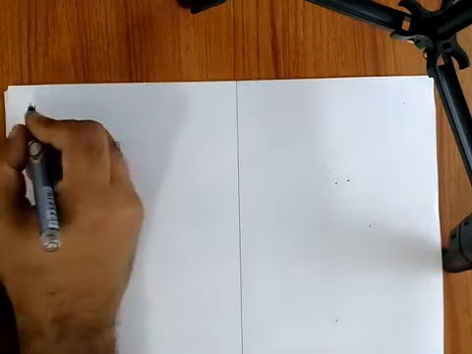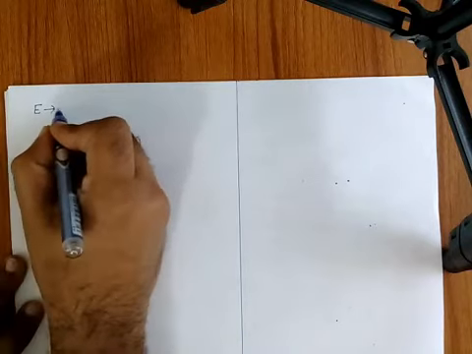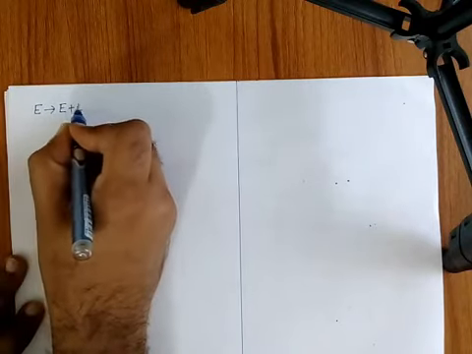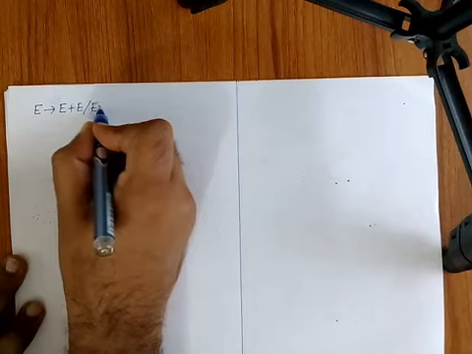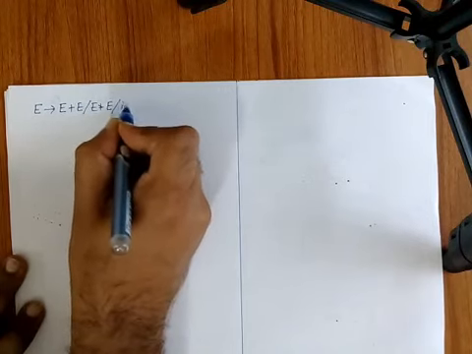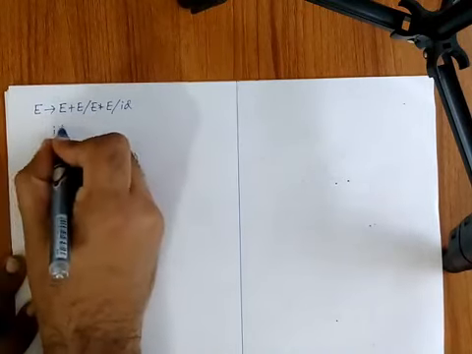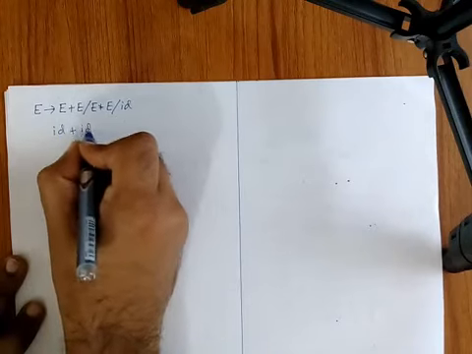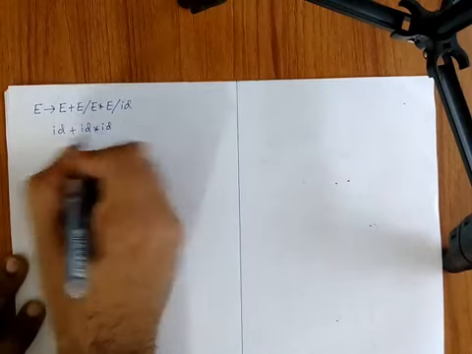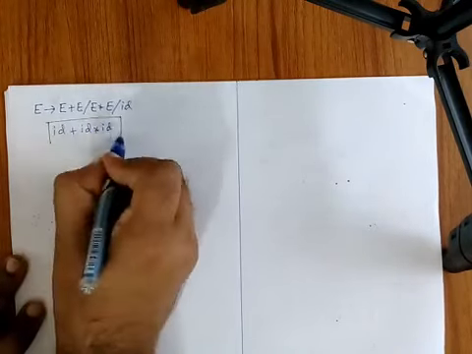E derives E plus E, E star E or ID. We want to generate ID plus ID star ID. So how can we generate this?